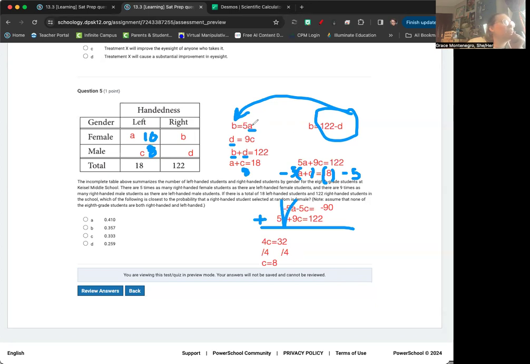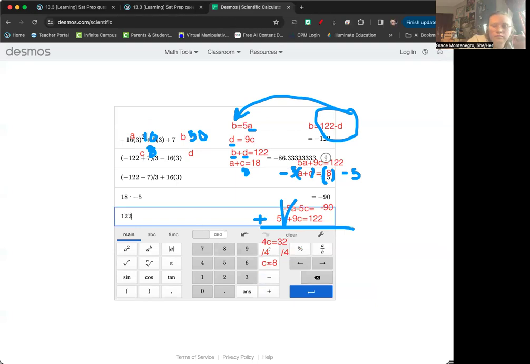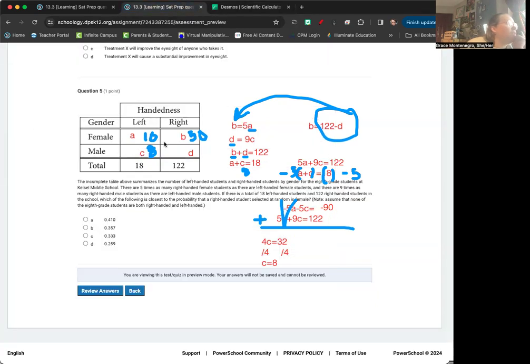Now we're getting somewhere because we want to know B. 5 times 10, 50. I think we now know enough to solve this problem. Well, and of course, B plus D makes 122, so 122 minus 50, 72. We've now solved the whole table.